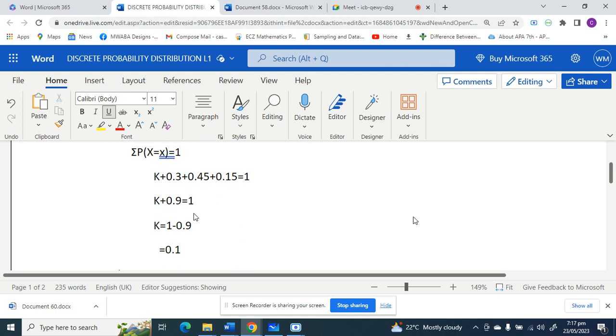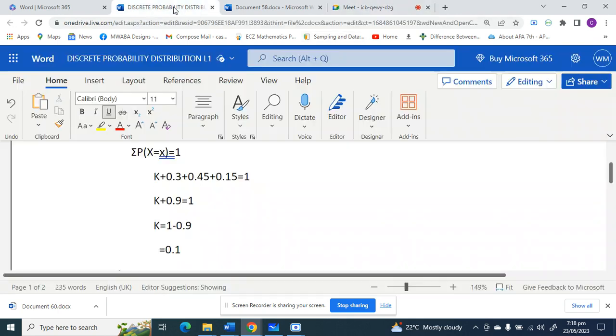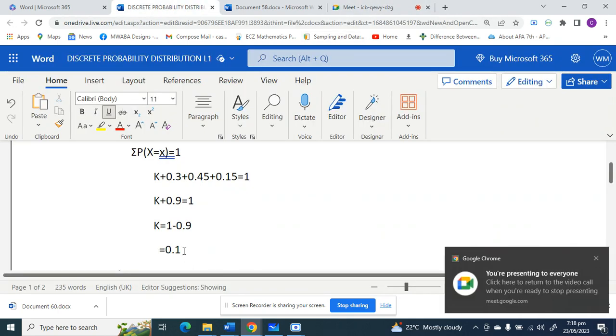Here it was positive. Once it crosses over the equal sign, it becomes negative. That's why it becomes 1 minus 0.9. All right, then 1 minus 0.9, that is 0.1.